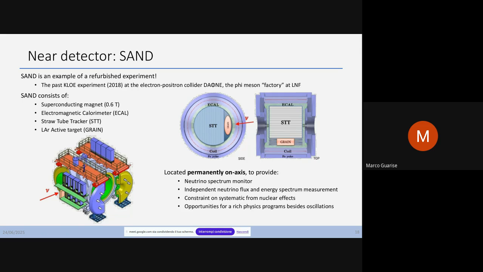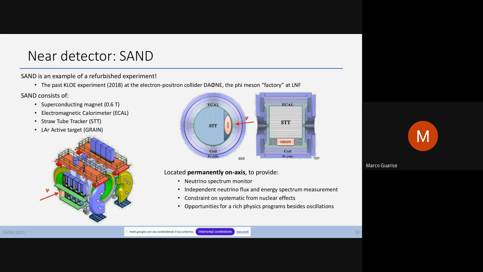These are the main goals of this subdetector: give an independent measure of the flux and the energy of the neutrino beam, and constrain systematics from nuclear effects.